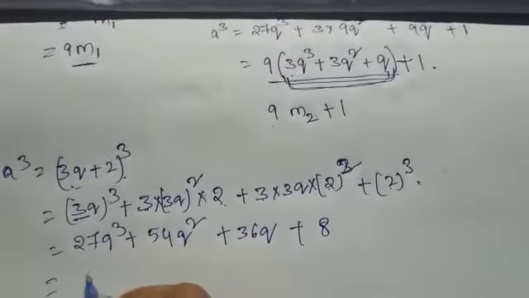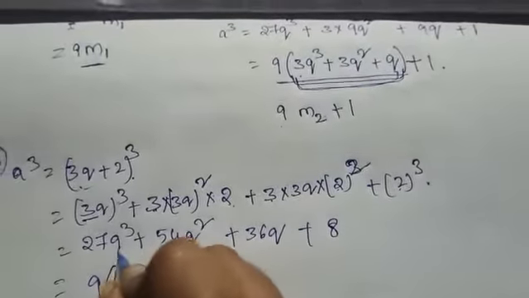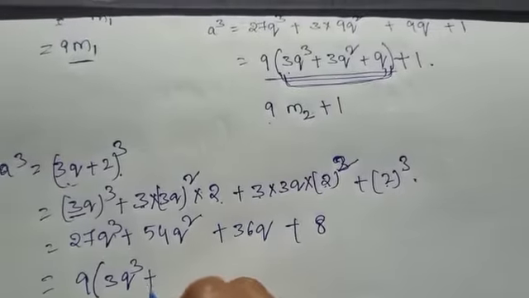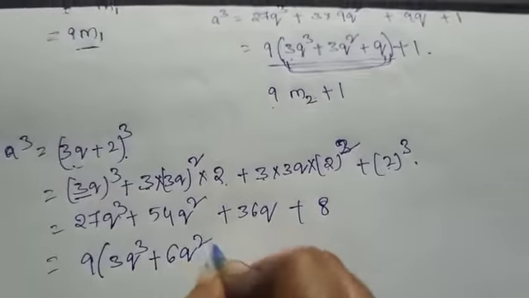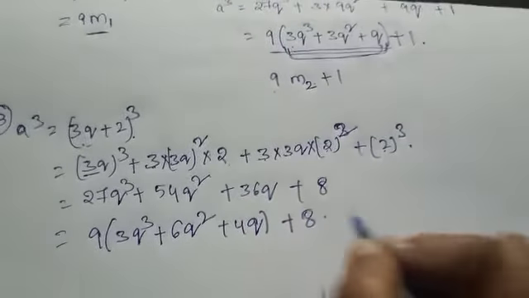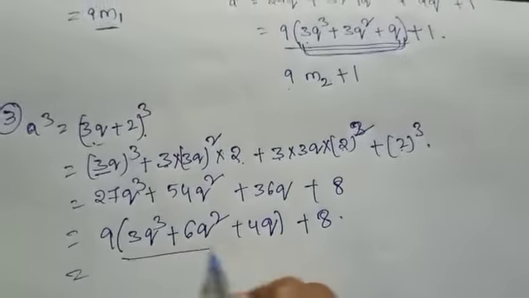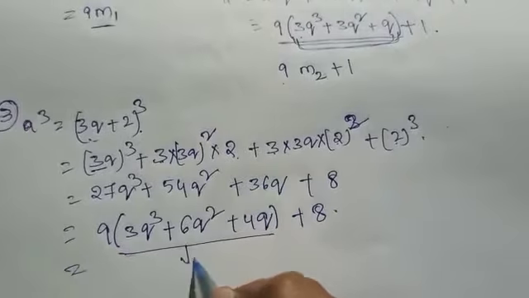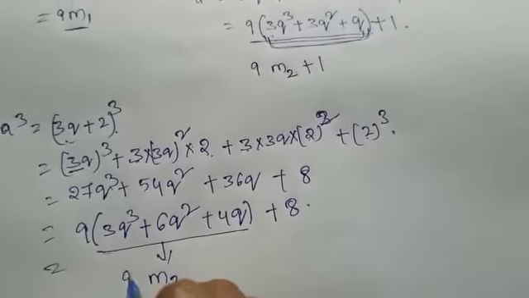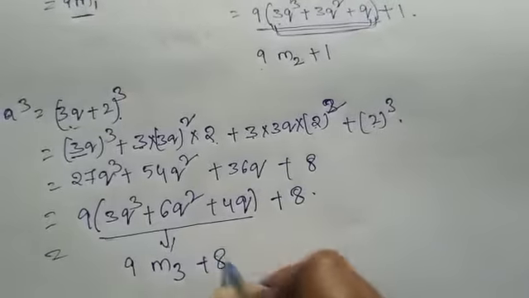Here 9 is common: 3q cube plus 6q square plus 4q, plus 8. So this is some constant. I am taking it as m3. 9 into m3 plus 8.